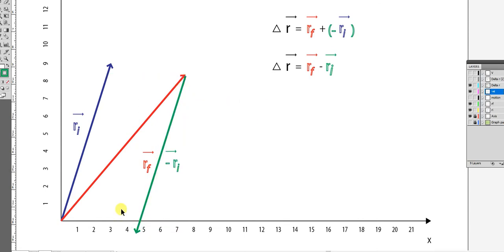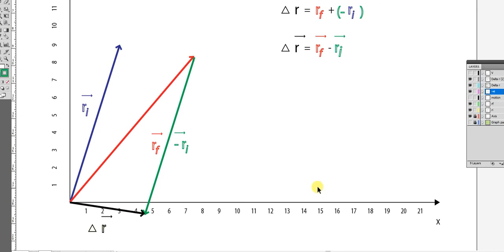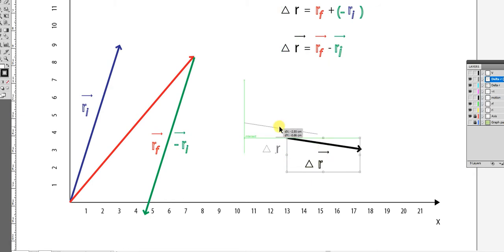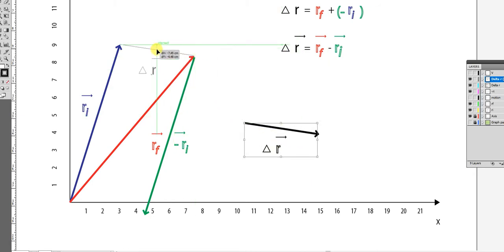And finally, the displacement is from the first tail to the last head. So that is delta r. And of course, we can move this vector anywhere, still it is delta r.